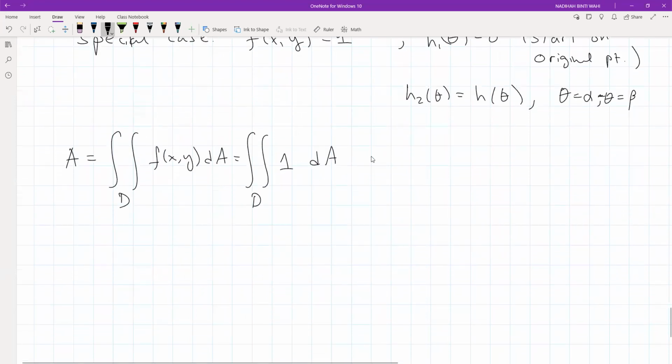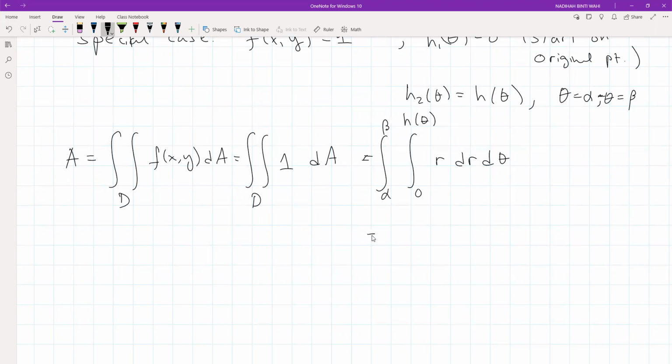So if you translate into polar coordinate, dia akan jadi dA apa? R dr d theta. And then R goes from 0 to h theta. Theta goes from alpha to beta.